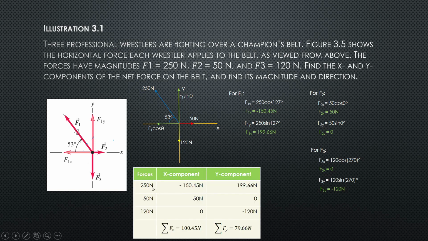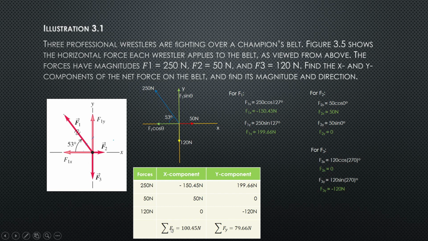Summarizing the x and y components of each force, we have the table. For force 1, the x component is negative 150.45. You should always write what its sign is. The y component of force 1 is 199.66. For force 2, the x component is 50 newtons and 0 for y. And for the third, 0 for x and negative 120 for y.